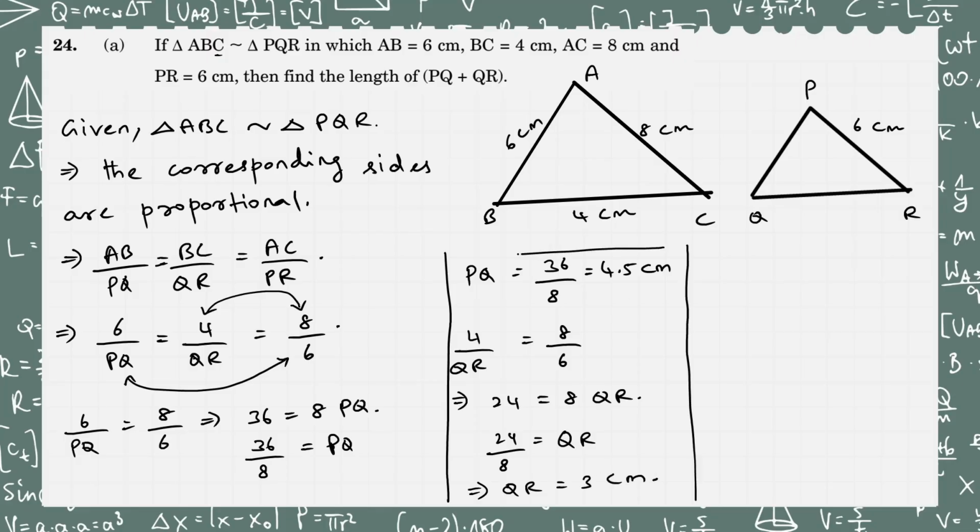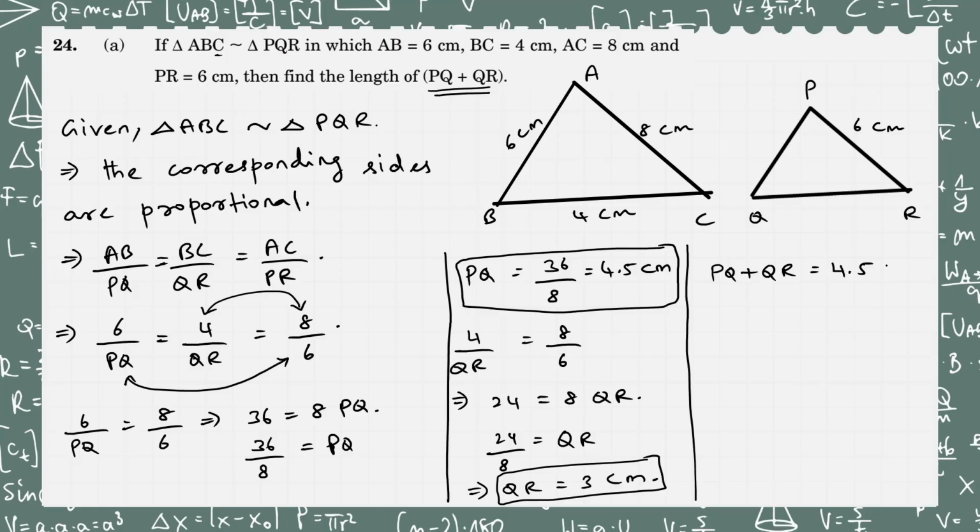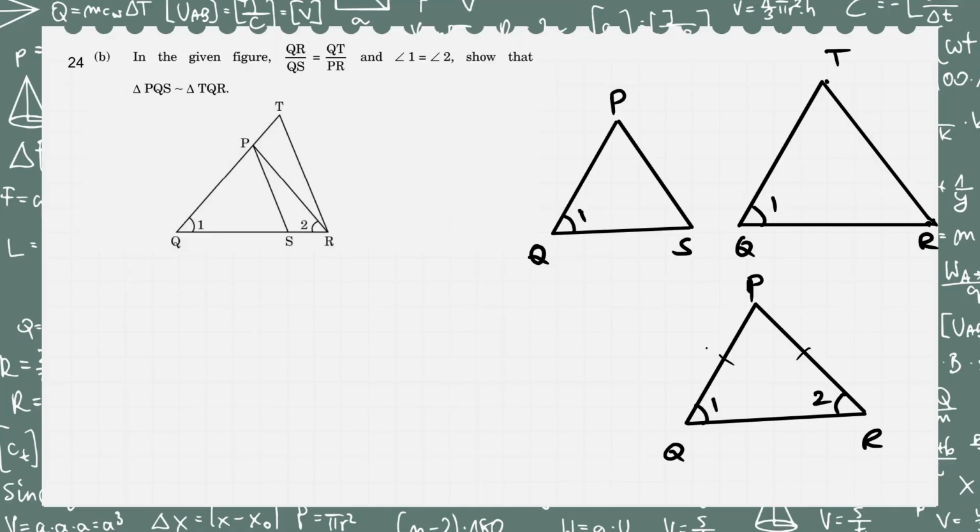So now we know the value of PQ and QR. But what we need to find out is PQ plus QR. So PQ plus QR equal to 4.5 plus 3, which is 7.5 centimeter. That's the answer. Let's move on to the next sum, the second option of the same sum.